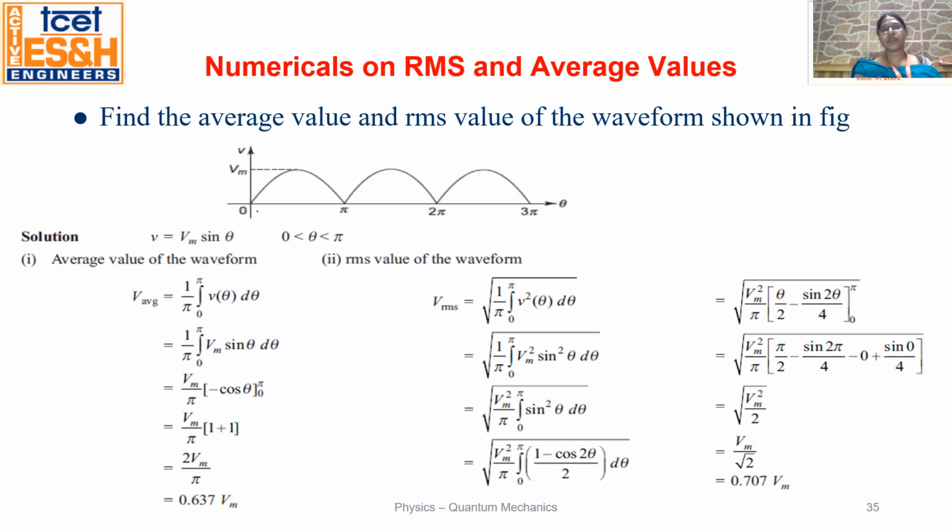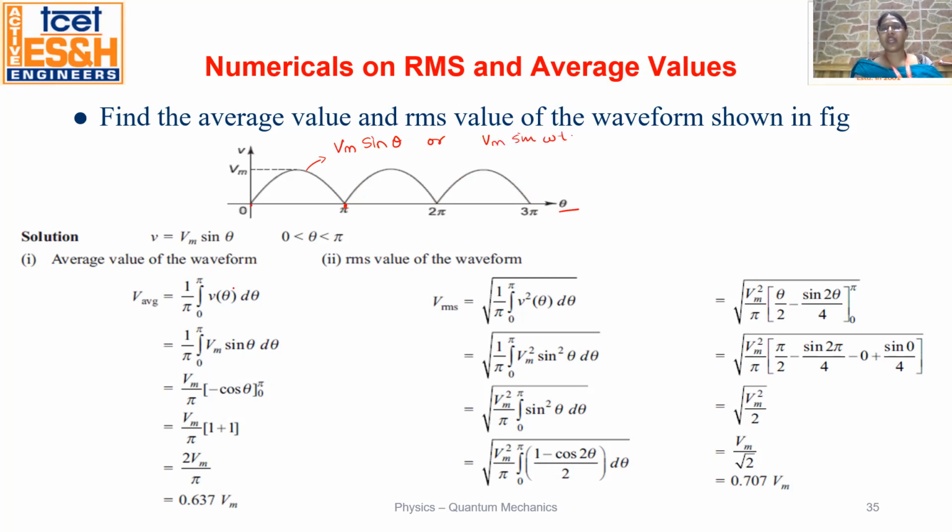Suppose this waveform is given to you and in this they ask for the average and RMS value. If you want to find the RMS and average value, first of all take the limits from 0 to pi, and this is a sine function, so it is represented by sine theta or Vm sine omega t.